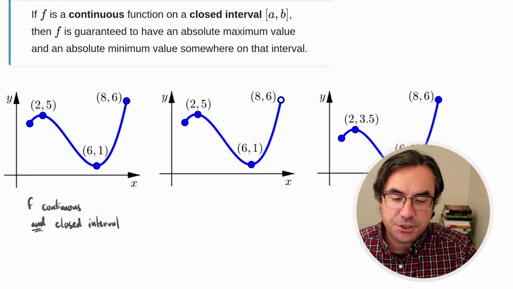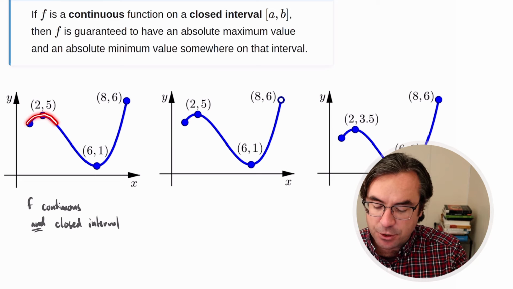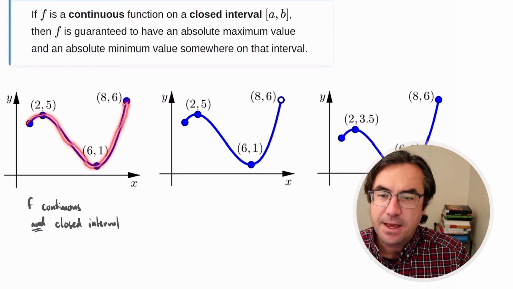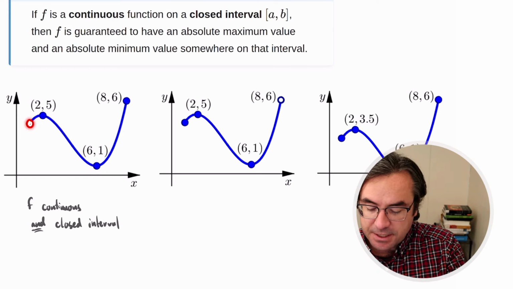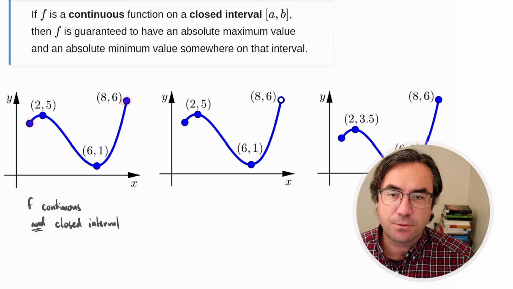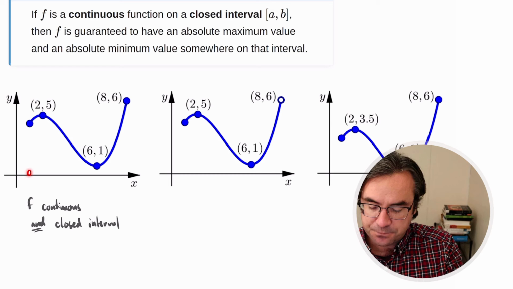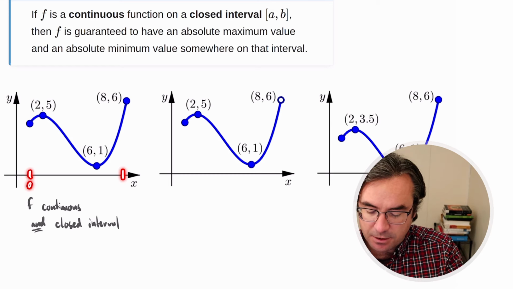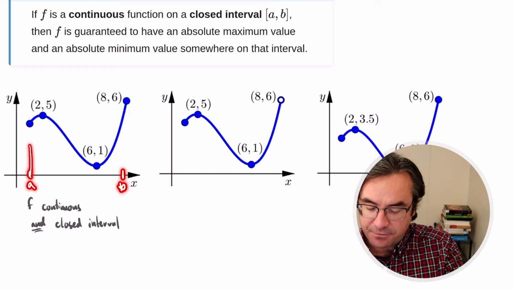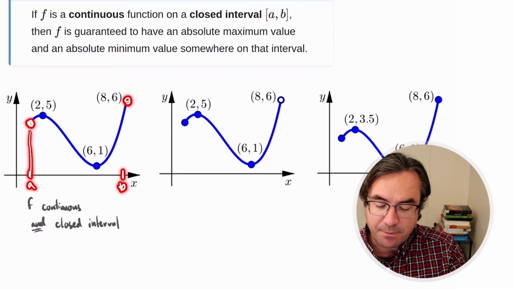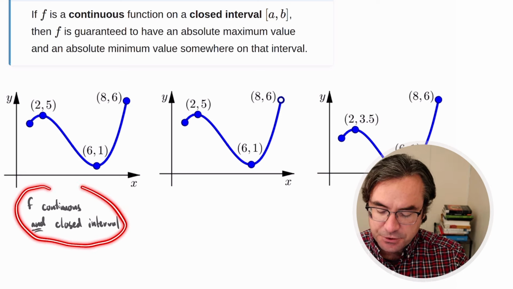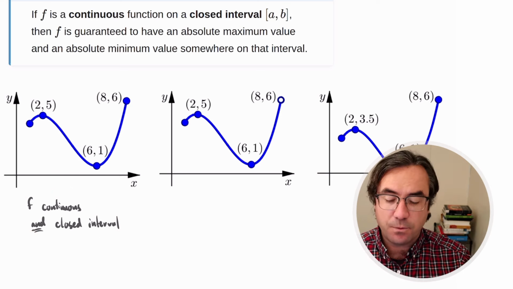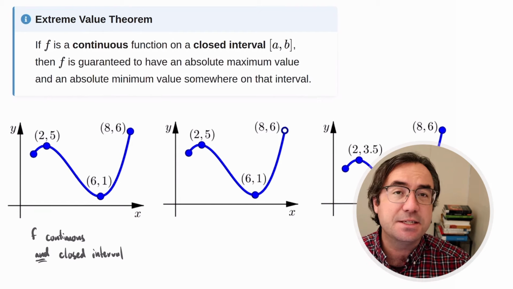We can tell our function's continuous because there's no jumps or breaks in it. And we know we're looking at a closed interval because it contains the left endpoint and the right endpoint. That would technically be along the x-axis, but if we follow up, we've got the endpoints on our curve.